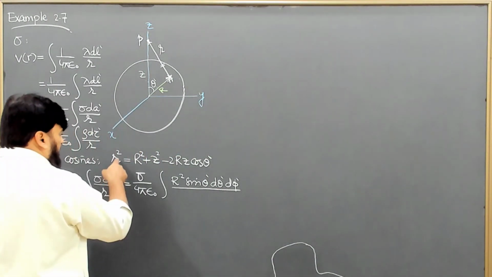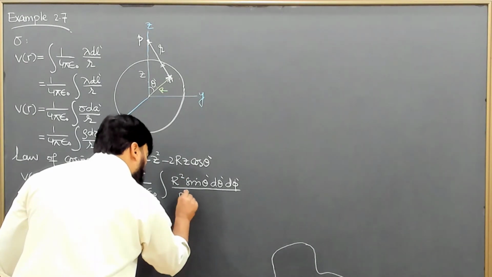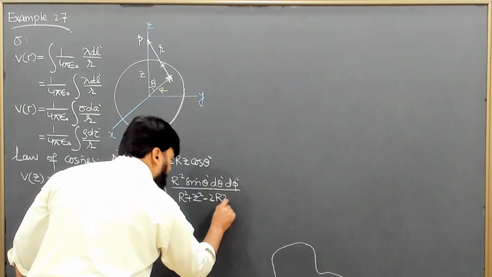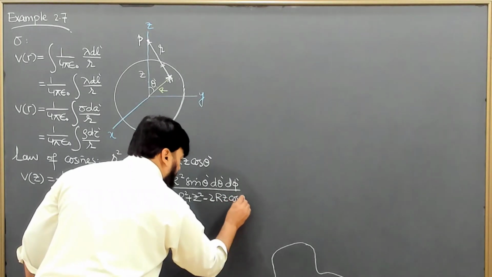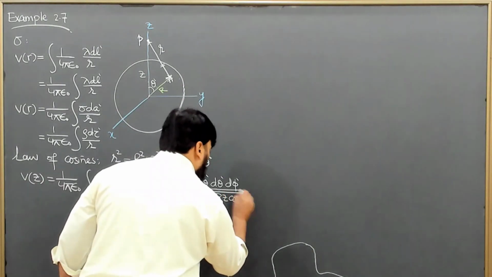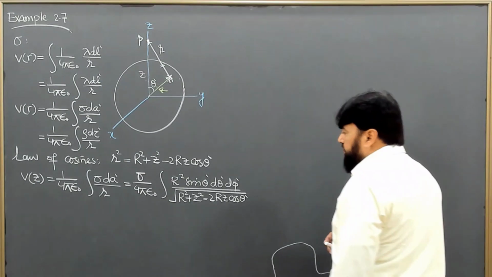Divided by tilted R, which is the square root of R square plus Z square minus 2RZ cos theta prime. So we have derived V of Z.